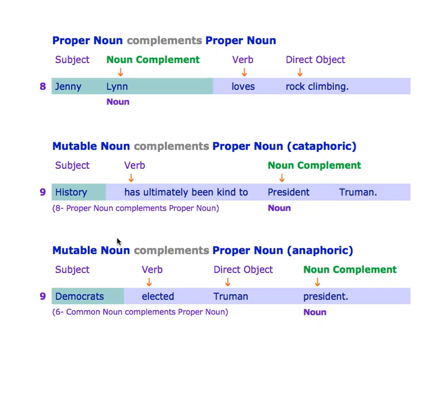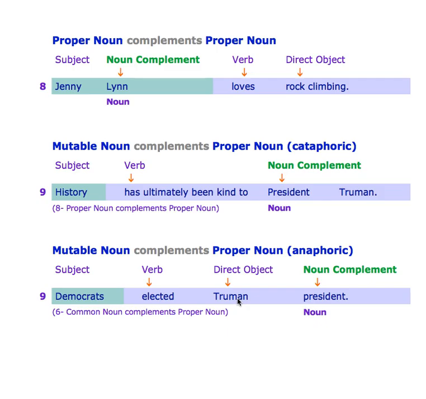Now, here's another application. Mutable noun complements proper noun, and this one's anaphoric because it's complementing backwards. So you see the noun president, which is our noun complement, and it's complementing the proper noun Truman. Right?